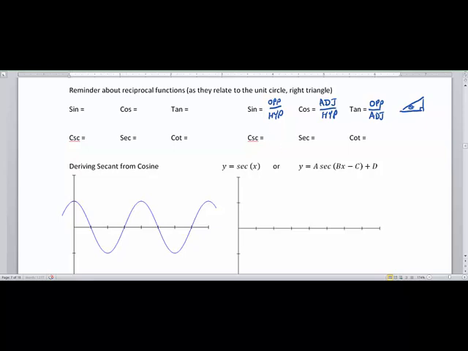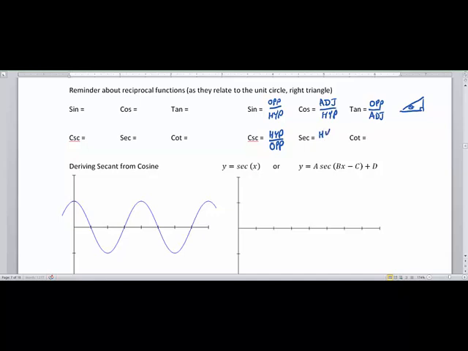Now the cosecant is going to be the reciprocal of sine. Reciprocal means, in layman's terms, to flip on its head, or in more mathematical terms, the reciprocal is defined as 1 over x from its parent function x. So we have hypotenuse over opposite, that is the reciprocal of opposite over hypotenuse.